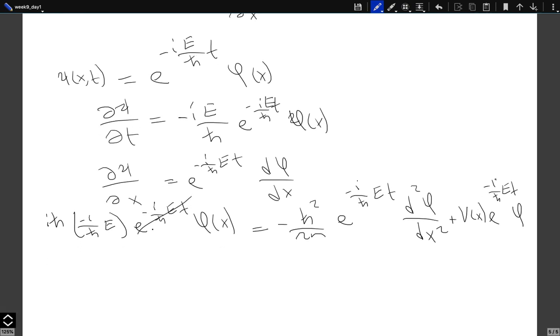Well, the exponentials cancel. If you have studied separation of variables in 209 or 210, what I'm actually doing is just separation of variables. I'm just separating the time parameter from the position parameters. Now, the h bars cancel. i times minus i just gives me 1. So I end up having this equation.